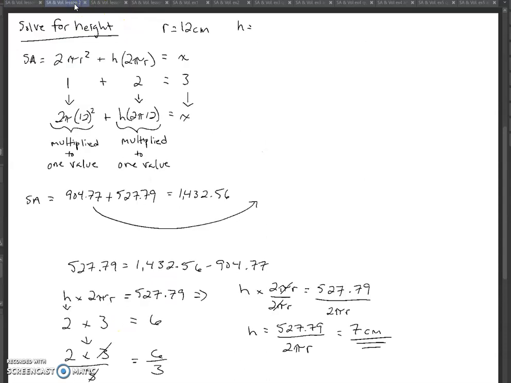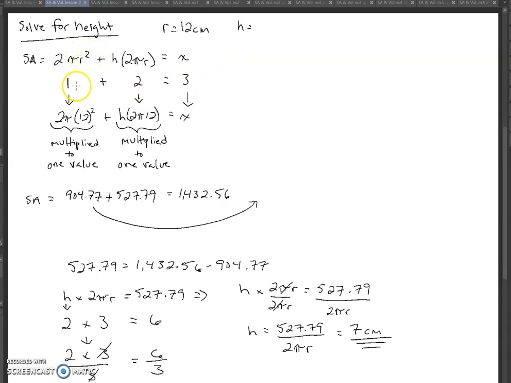So, if we want to solve for the height, we just deal with formula manipulation a little bit. The way I perceive these is to really simplify what's going on.